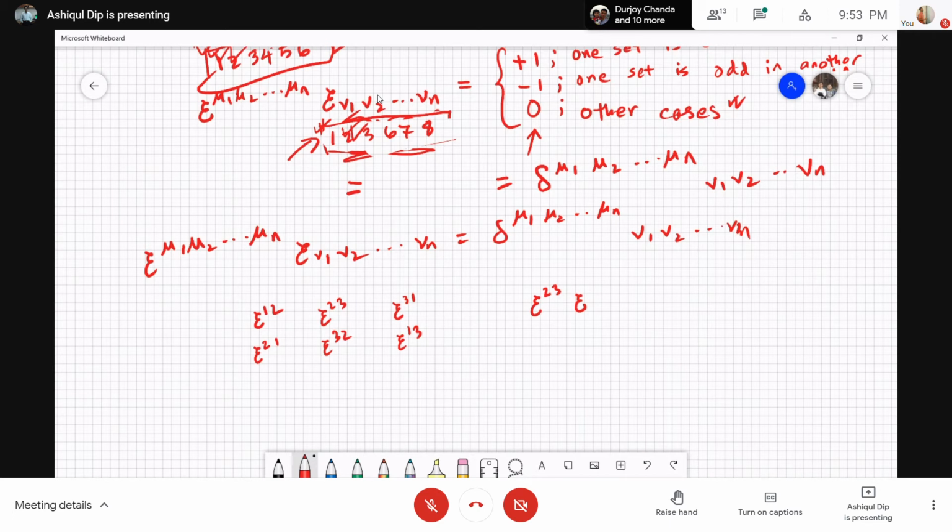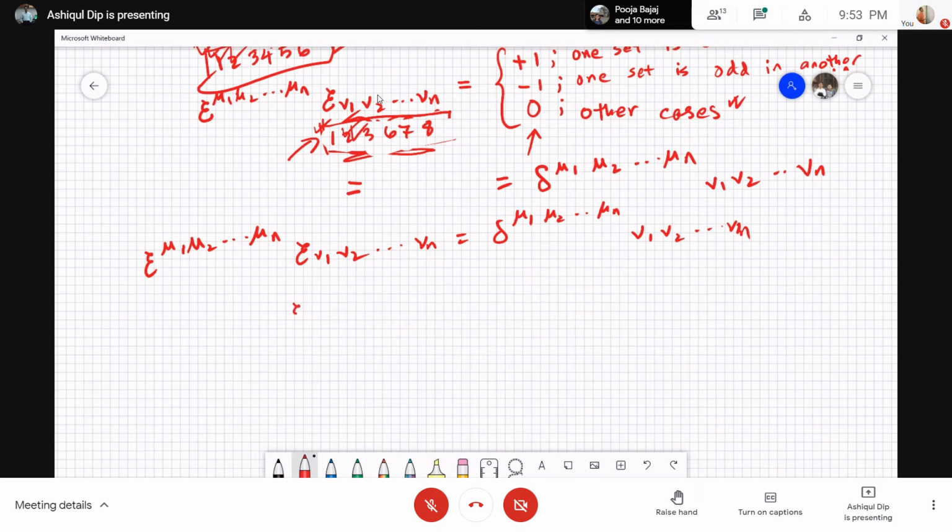Yeah, the number of indices should match the number of dimensions. So let's do it in 2 dimensions with 2 indices, not 3.